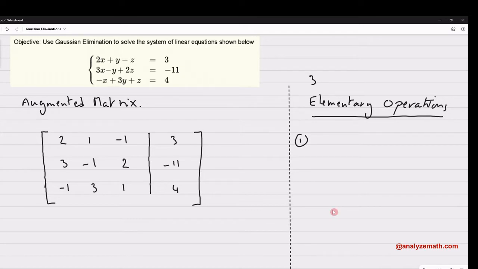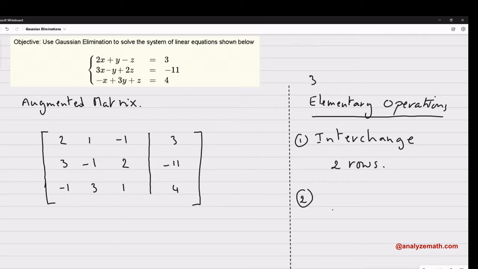Now number 1, you can interchange 2 rows. So for example, you can take the first row and put it into the third position, and then the third row put it in the first position.